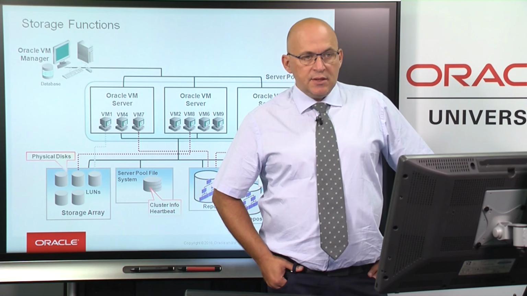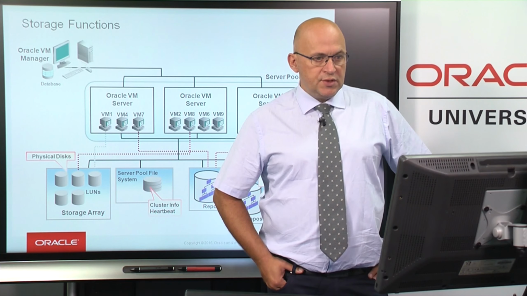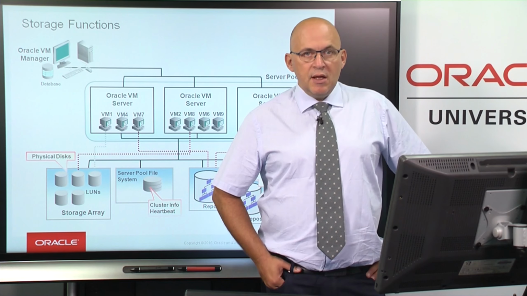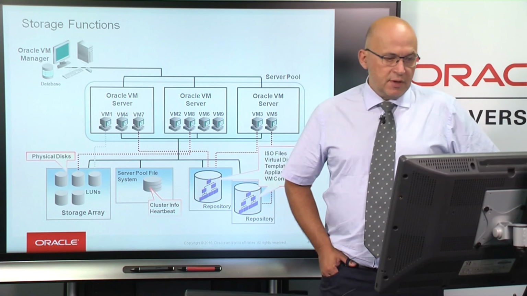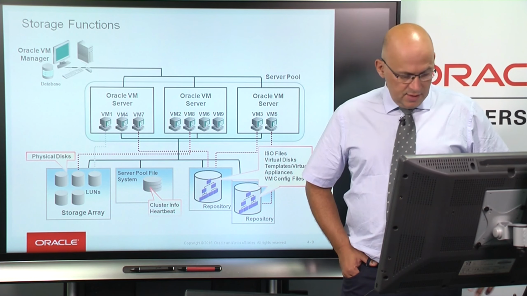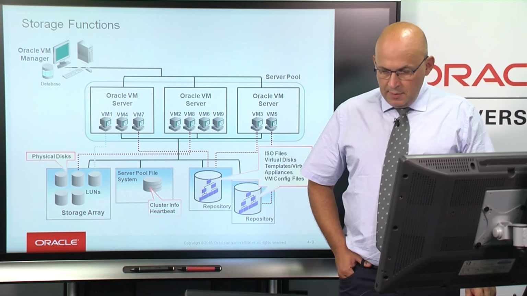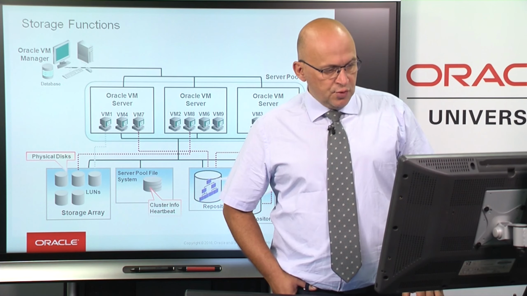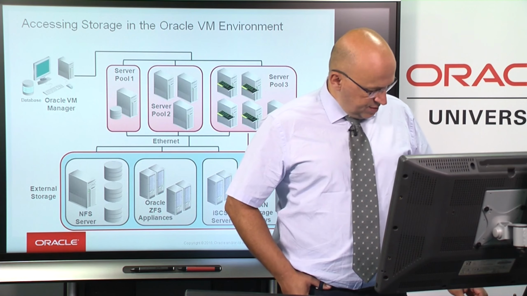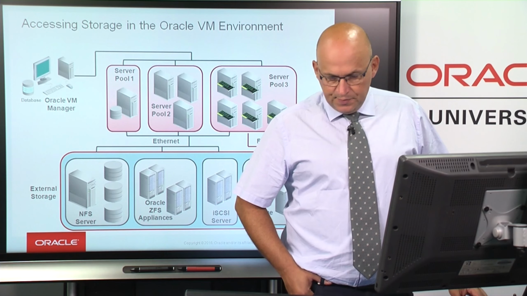There is a dedicated server pool file system used to hold the server pool configuration, and then physical disks coming through a storage array can be used to map disks for your virtual disks that you will use in your virtualization projects.